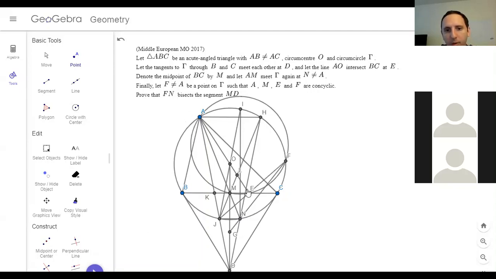So we want to show A, O, L, and E are in harmonic conjugation. ALH is similar to LME. And we might be able to use that to show they're in harmonic conjugation. Let's see.